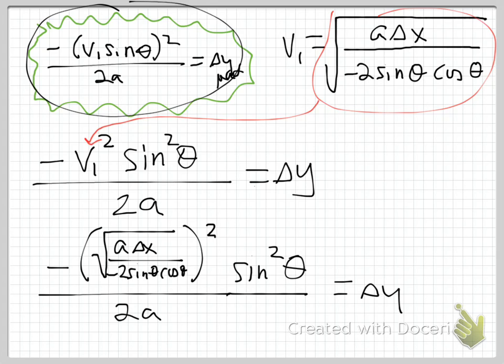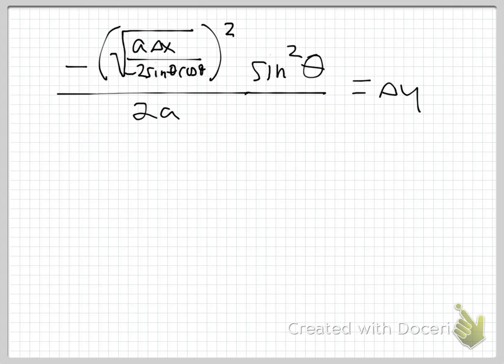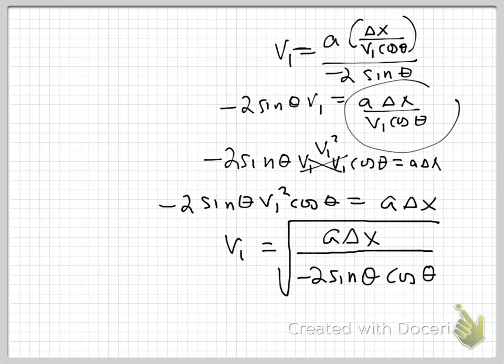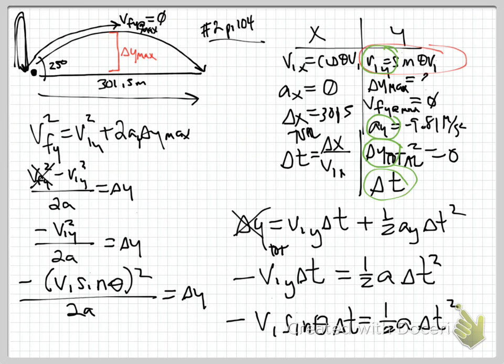I would recommend doing this problem a couple of times. We're going to plug it in, which means we have to go way back to here. Of course, you're doing this all on one sheet of paper.